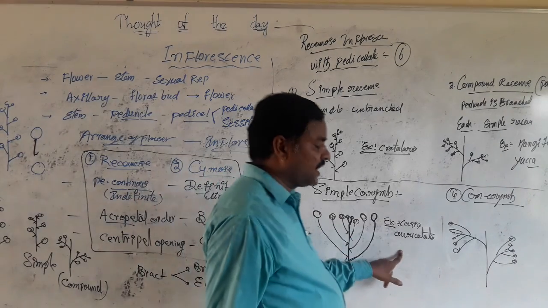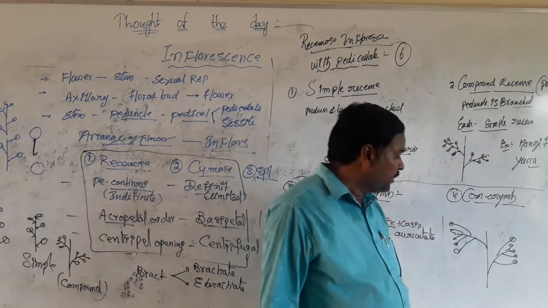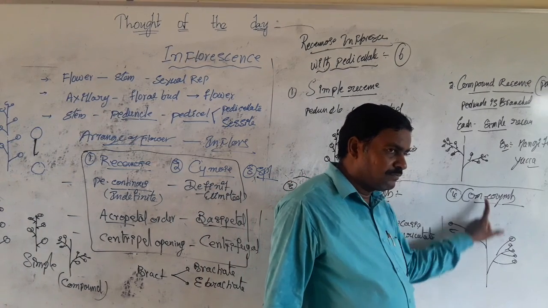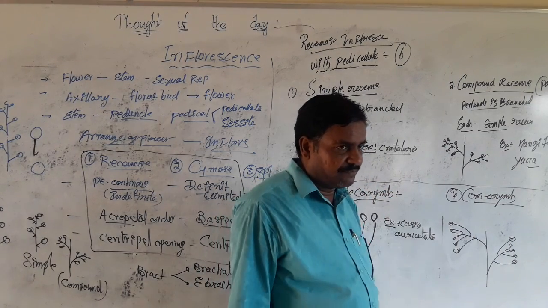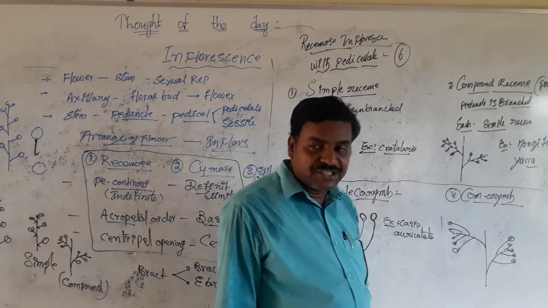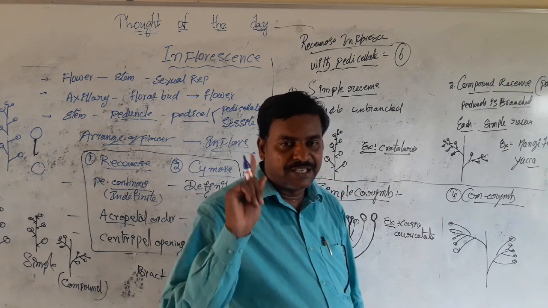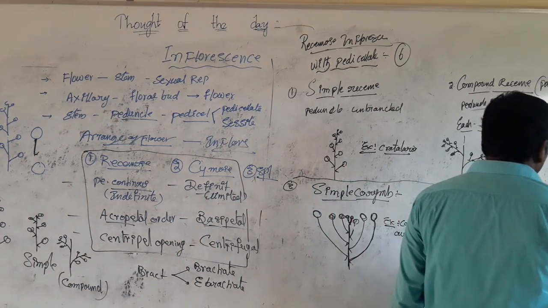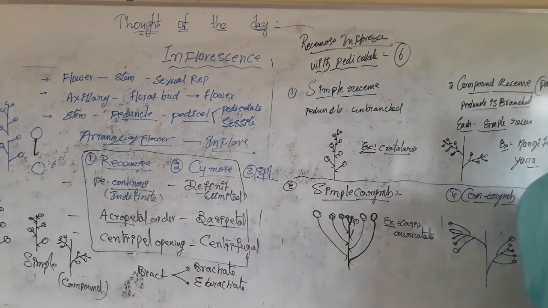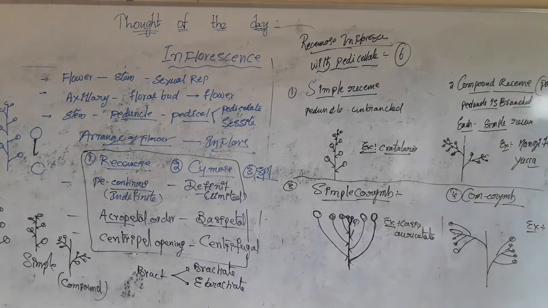An example is Cassia auriculata. Peduncle is branched and every branch is similar to a simple corymb. That is called compound corymb inflorescence. The best example is cauliflower.